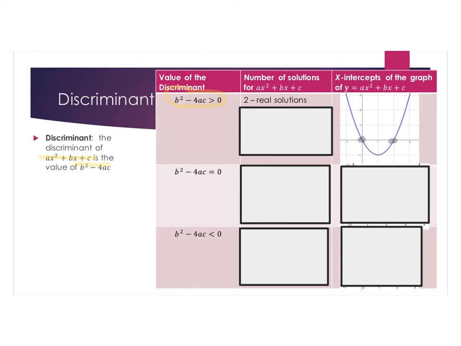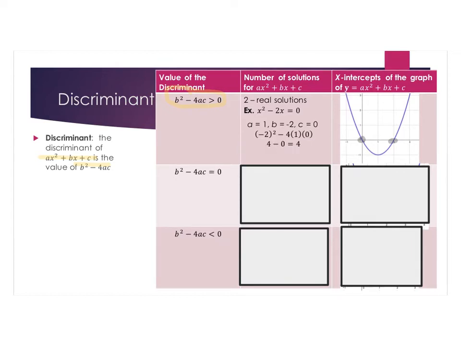If we were to look at an example, let's say we have x squared minus 2x equals 0. The first thing you would do is identify your a, b, and c. In this case, a is 1, b is negative 2, and c is 0. When you plug it into the discriminant, we have negative 2 squared minus 4 times 1 times 0, which gives us a discriminant of 4.